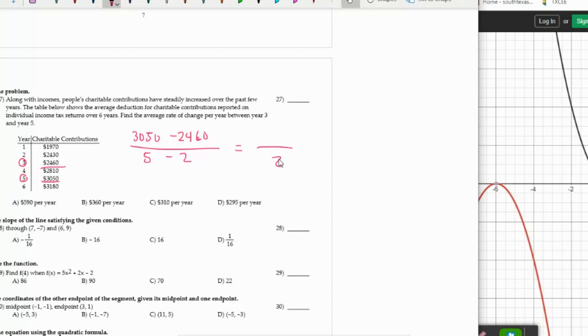So I'm not gonna try to mess this up, so I'm gonna use my calculator. 590, and that is the three. 59 over 3. I mean, sorry, 590 over 3.